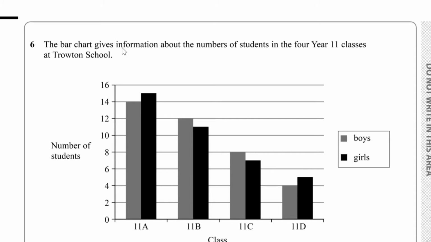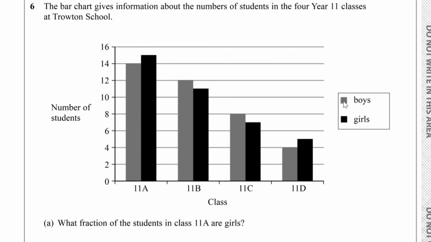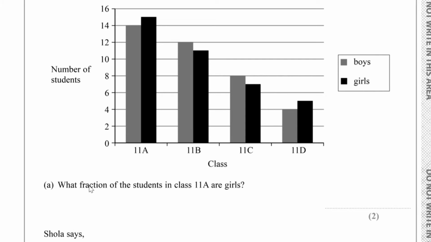Question number 6. The bar chart gives information about the number of students in the 4 Year 11 classes at Thornton School. We've got the grey bars representing boys and the black bars representing girls. For part A, what fraction of the students in class 11A are girls? Well, we've got 14 plus 15 students altogether, which is 29.